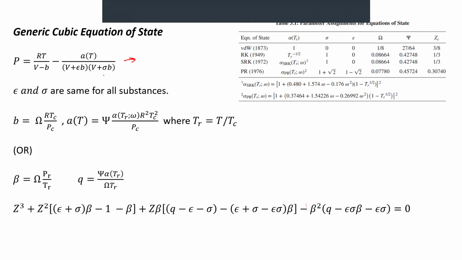A accounts for the molecular interactions, and B accounts for the finite size of the molecules, which is very small compared to the capital V. These are expressed in terms of omega, psi, and alpha functions for different equations of state.